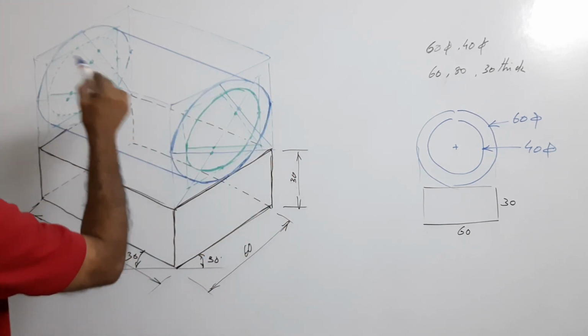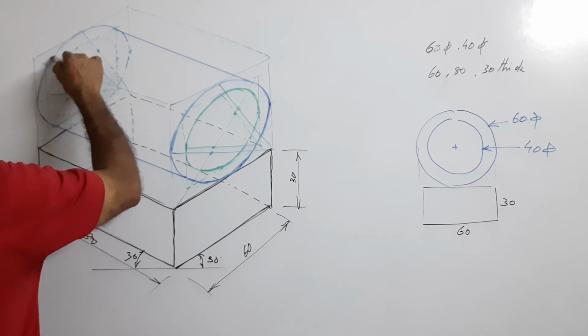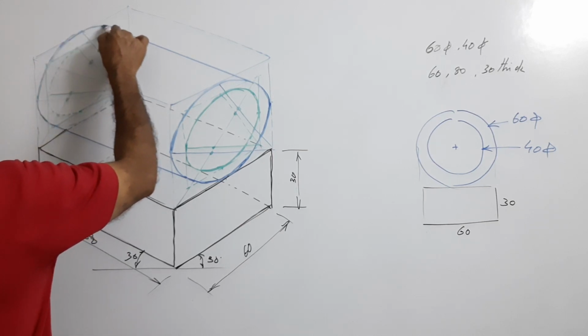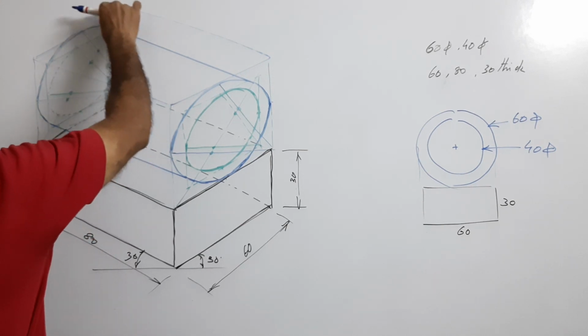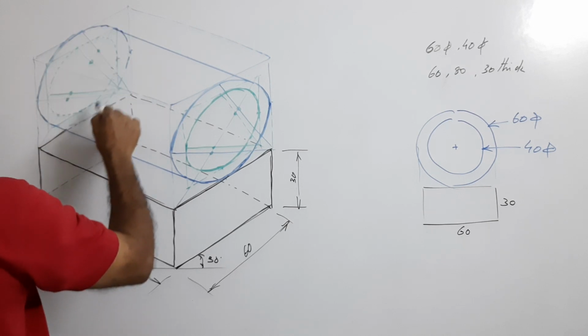These are two tangents drawn. These are all dotted.